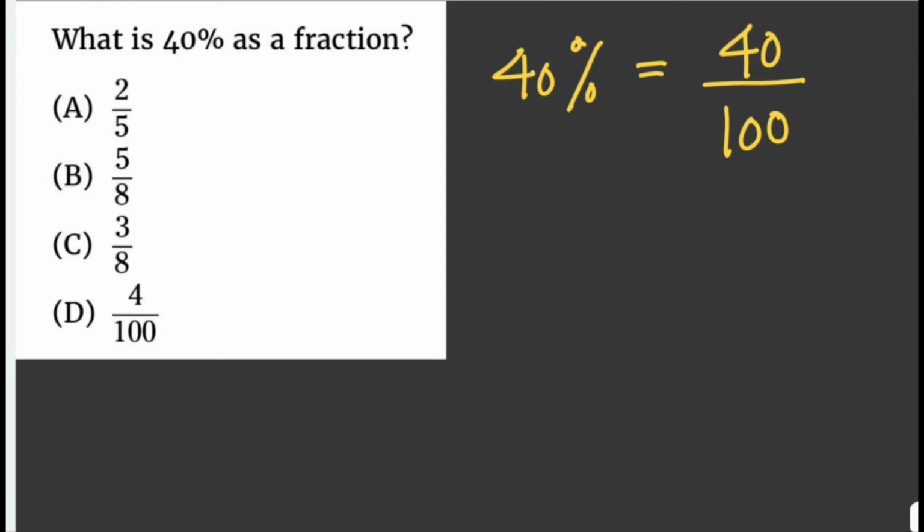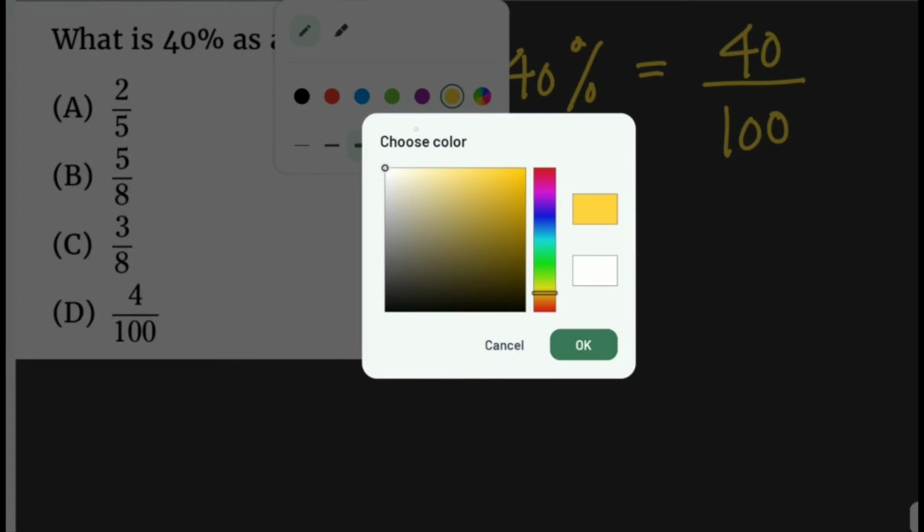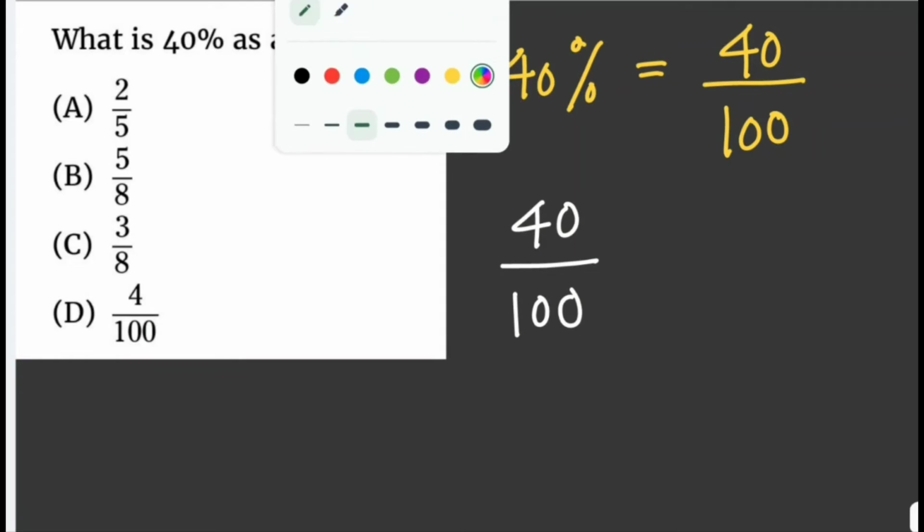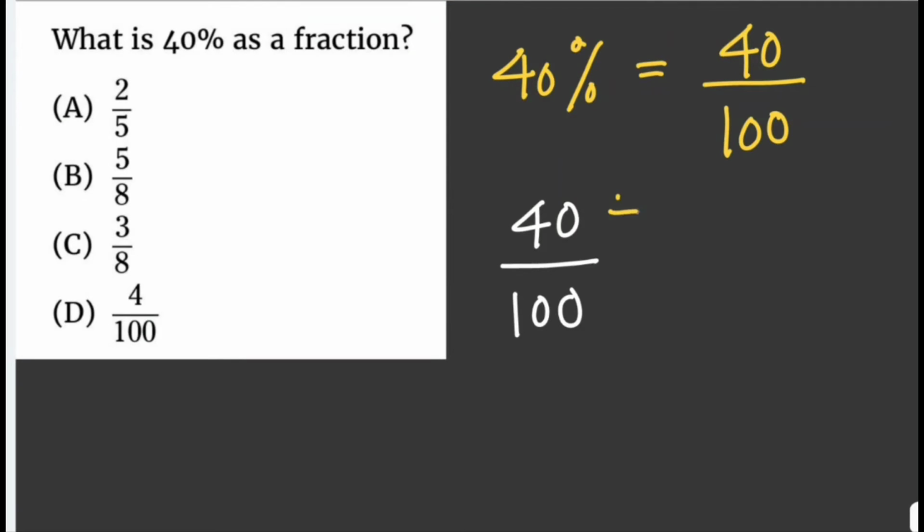Both 40 and 100 here are divisible by 10. So we divide 40 by 10 as well as 100 by 10. So 40 divided by 10 is 4, over 100 divided by 10 is 10.